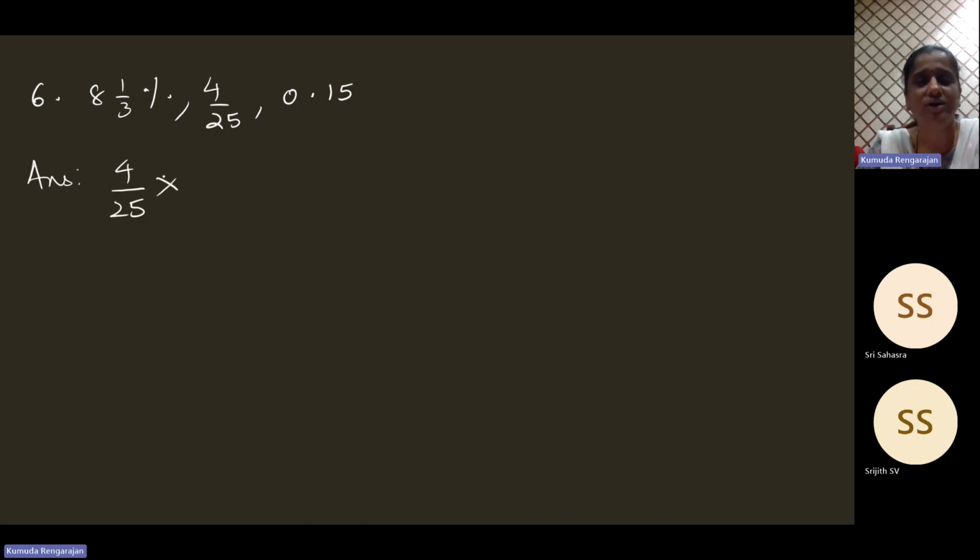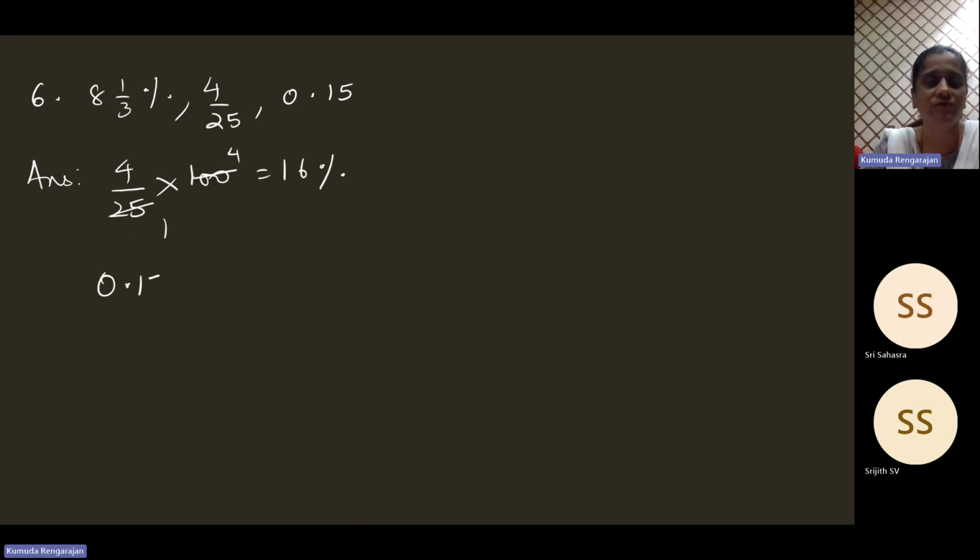In the question, we have 8 1 by 3%, 4 by 25 as a fraction, and 0.15 as a decimal. So we're going to express everything as a percentage. How do you express a fraction as a percentage? Multiply by 100. So 4 by 25 into 100 is 16%.